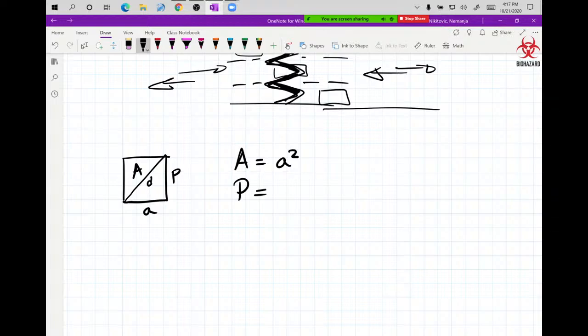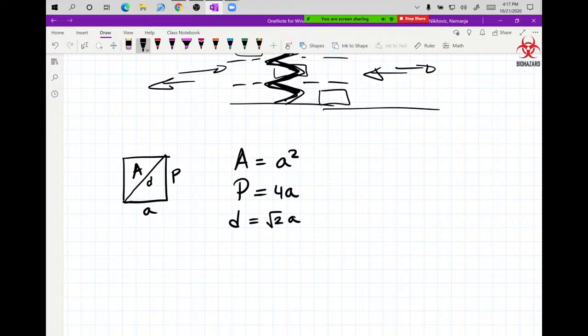I can come up with a perimeter formula, 4a. I can come up with a diagonal formula, which is root 2 a. I use the Pythagorean theorem, right? And that's it, right? Those are the three formulas that I can observe.